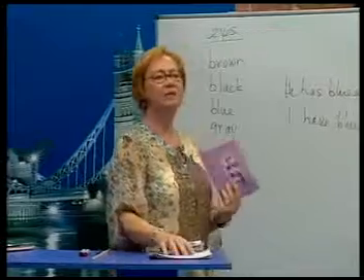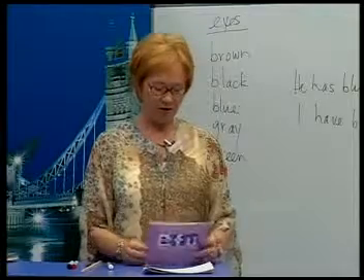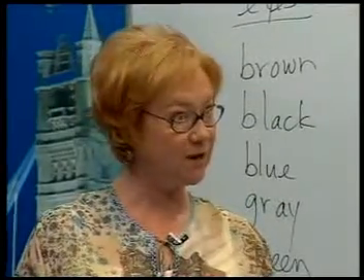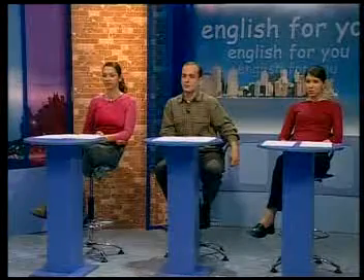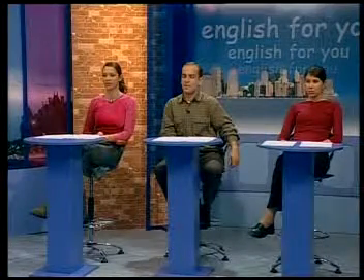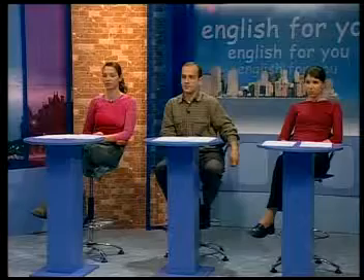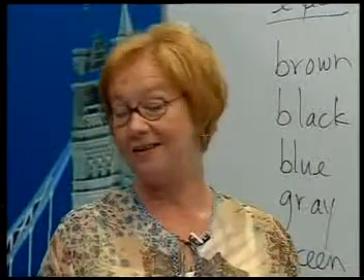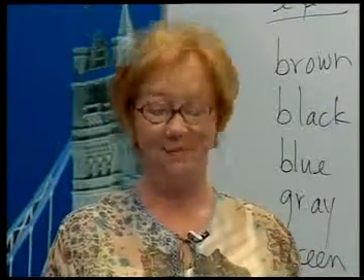Ali, tell me about your eyes. I have blue eyes. All right? Isabel. I have green eyes. Lisa. I have brown eyes. All right, so Lisa has brown eyes, Ali has blue eyes, and Isabel has green eyes. Ali, my eyes? You have blue eyes. Yes, I do.